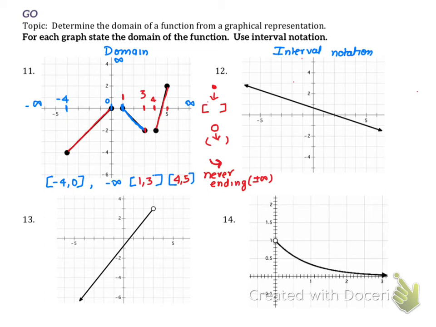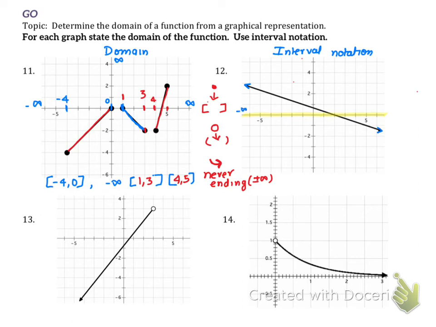And if I look at question number 12, there we have a line that keeps on going, and you have to be careful that it has an arrow at the end. It means it has no fixed starting point and no fixed ending point. The domain is going to cover the whole x-axis. Its right side keeps on going, its left side keeps on going.